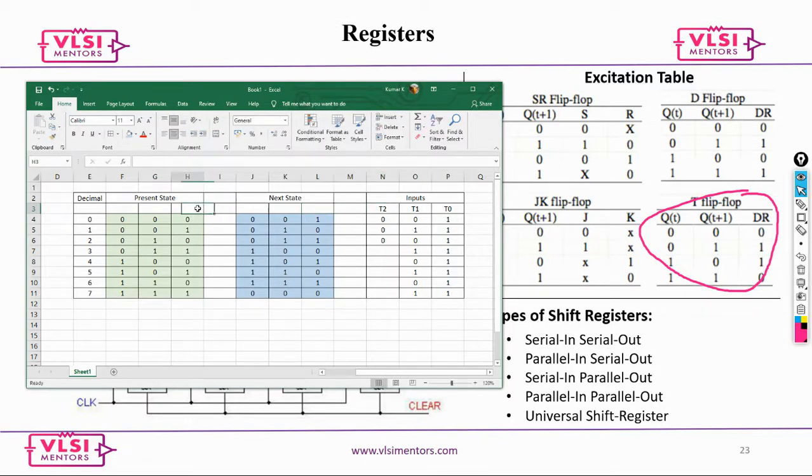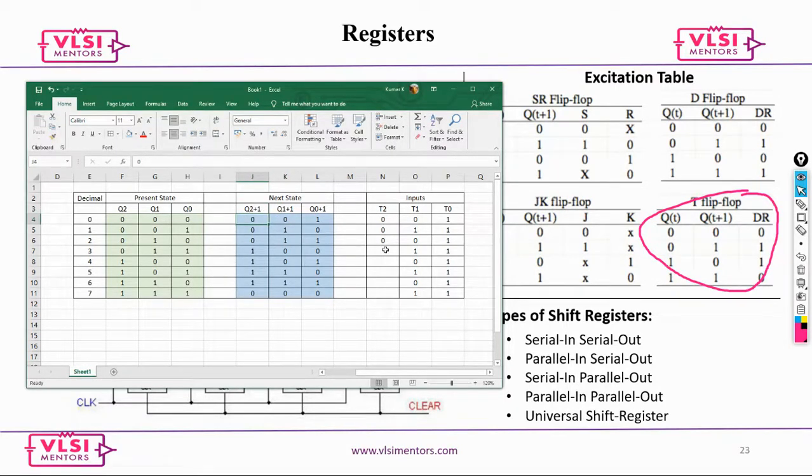This is going to be my Q0, this is going to be my Q1, and this is going to be my Q2. Now this is going to be the next state, so plus 1, plus 1, and plus 1.